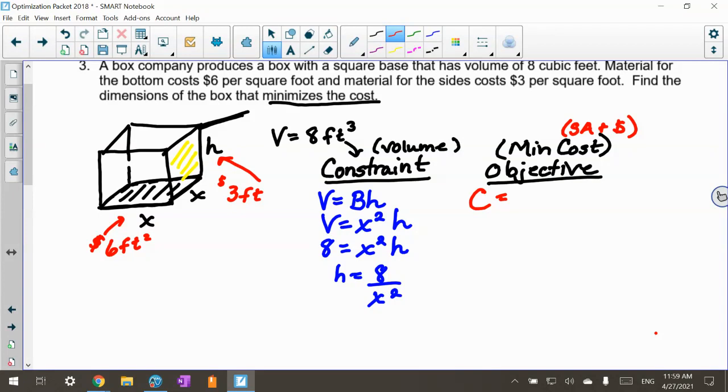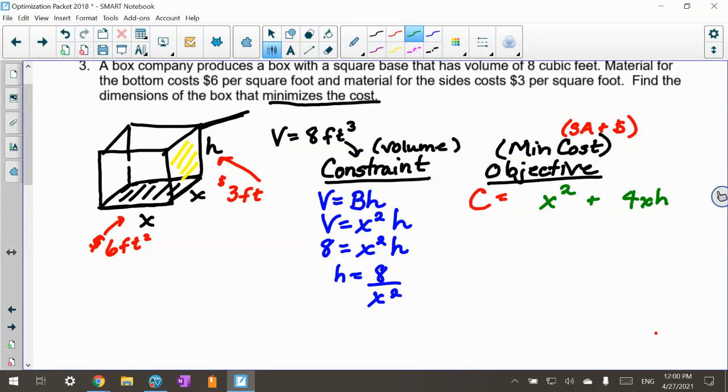So let's do the surface area first, and then I'm going to add the money to it in a minute. So the surface area is the base, the area of the base, plus I've got the sides. One side here is xh, and I have 4 of them, so I have 4xh. So that's the surface area.